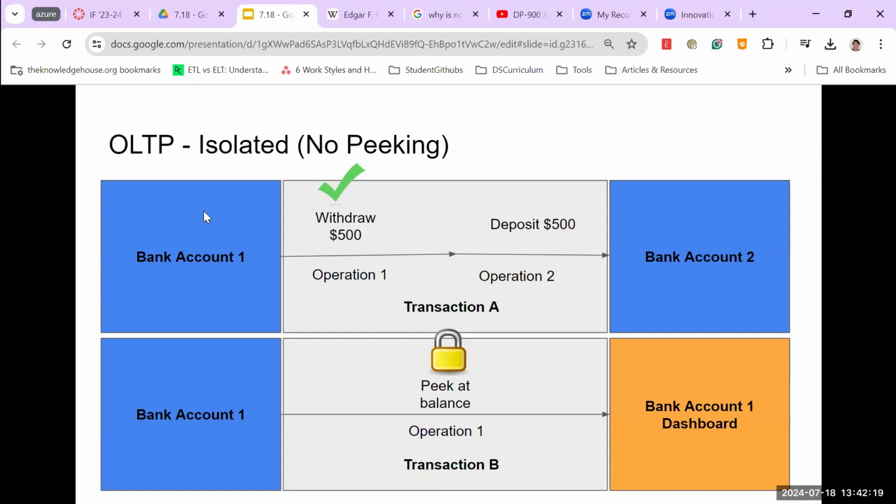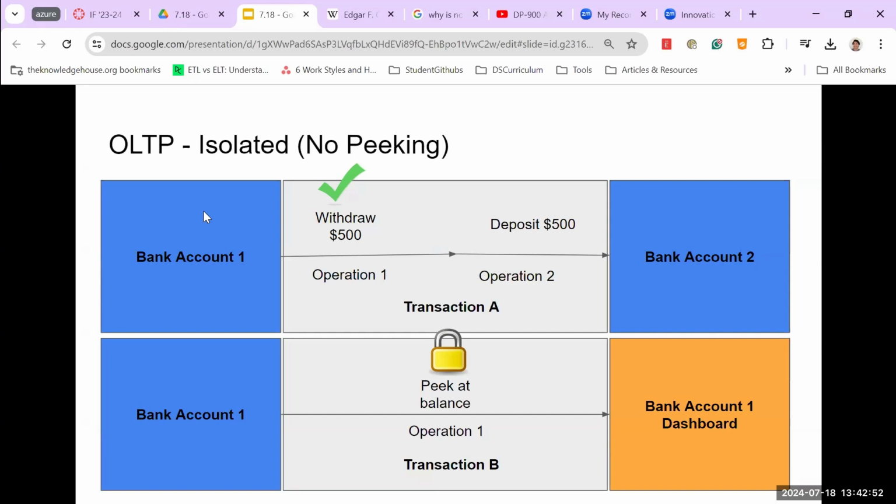Let's say transaction B was not just a peek. Let's say it was also a request for $500. Well, what could potentially happen? Maybe we'll request $500 from the same bank account source, and due to that, we'll essentially only withdraw $500 once, but $500 will be spread across two different bank accounts, even though it was only deducted once from the original bank account.